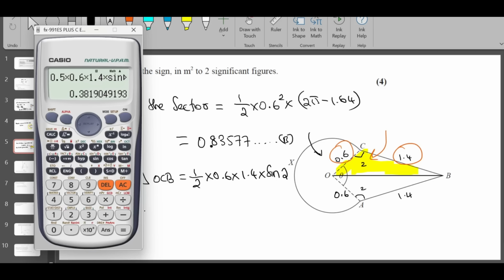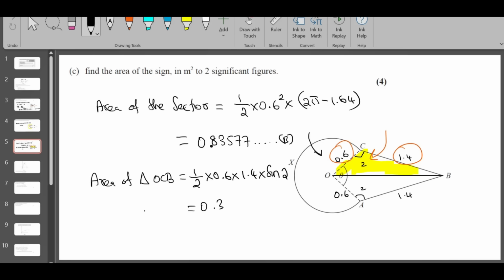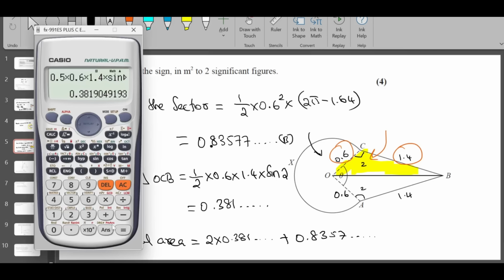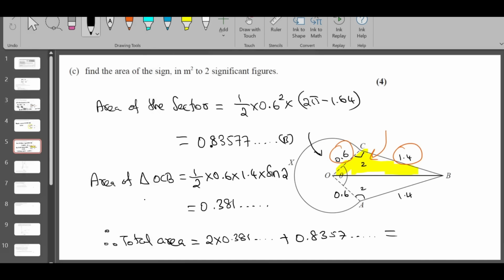That's the area of one triangle, which is 0.381, etc. Therefore, total area is 2 times the area of the triangle, because there are two triangles, plus the area of the sector, 0.8357... So I'm going to multiply the answer by 2 plus I stored the value as B. I got the answer as two significant figures, 1.6 meters squared is the area.